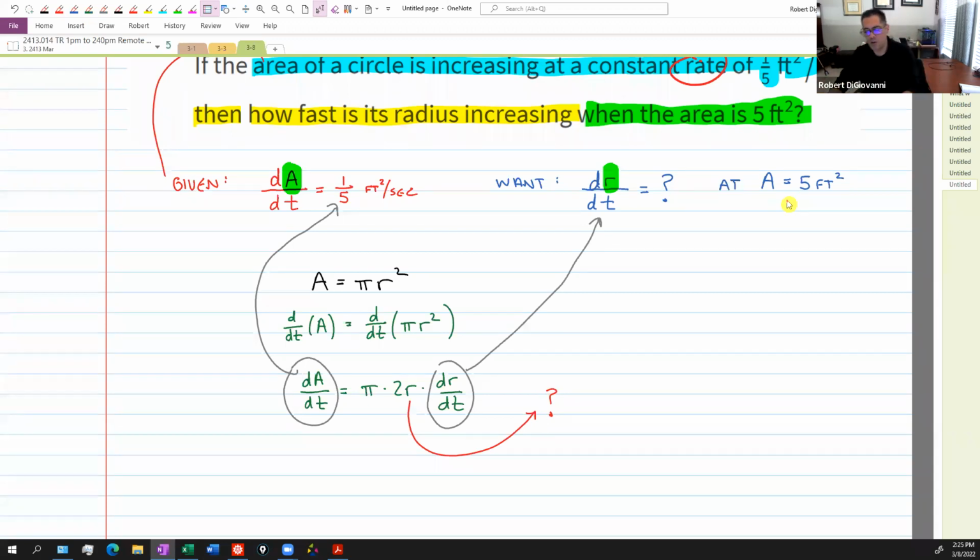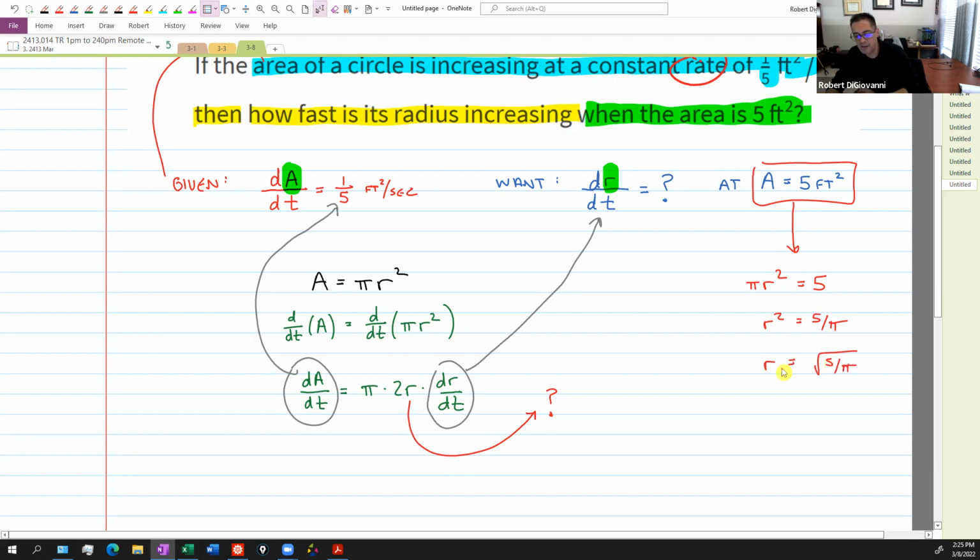If this were the case, then area is pi r squared. That must equal 5. If we divide by pi, we get 5 over pi. Then if we take the square root, we get square root of 5 over pi. I'm not going to take the negative root because it's a radius, so I'm only taking the positive.